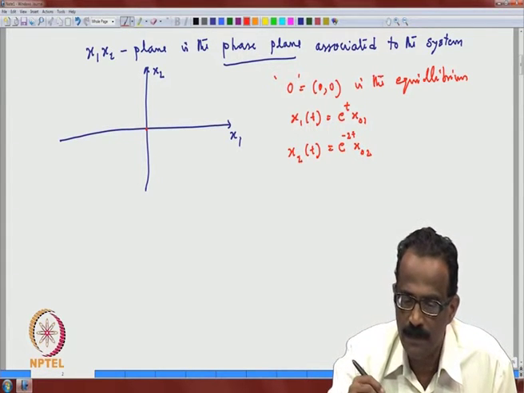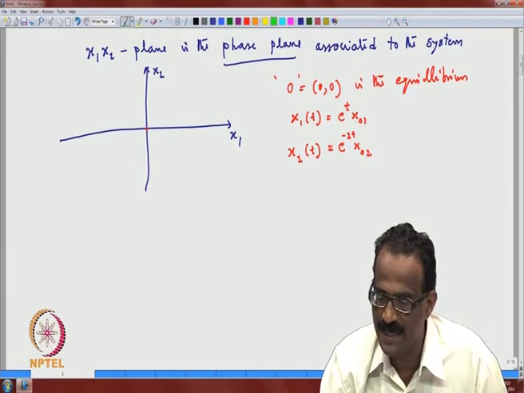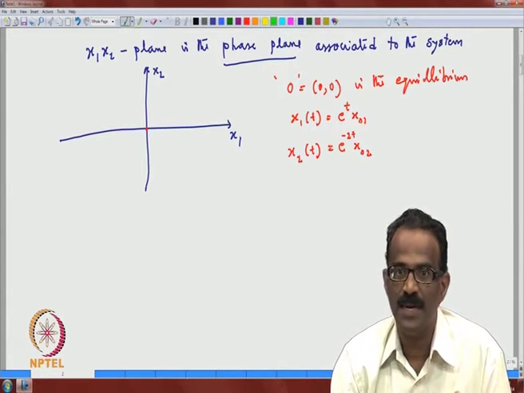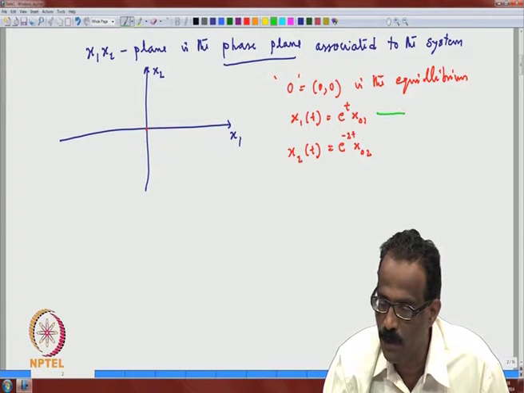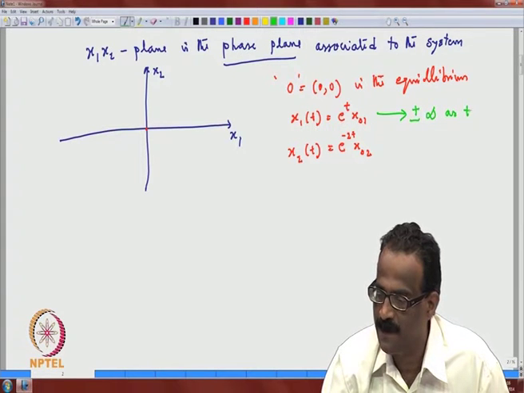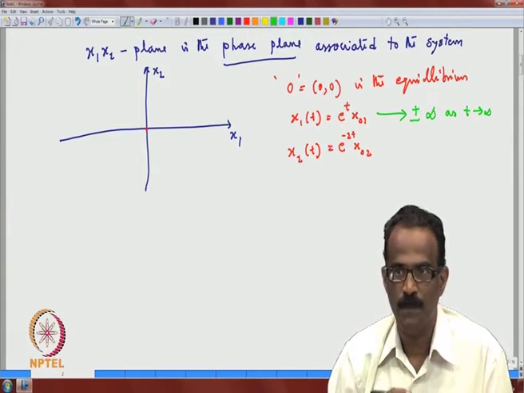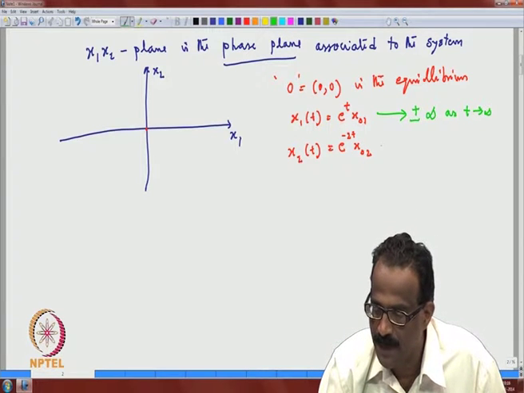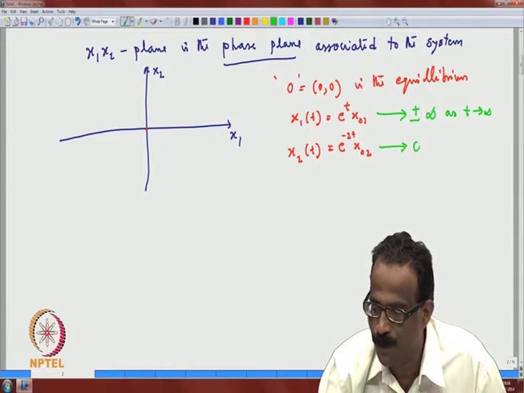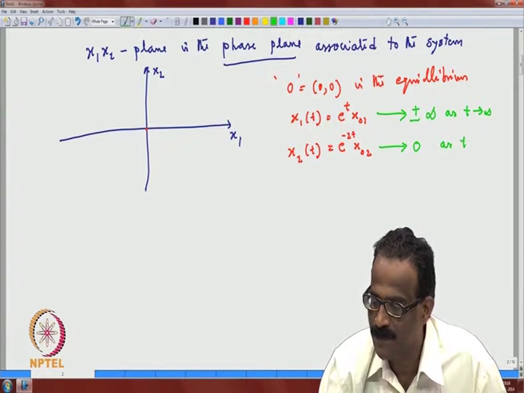If you look at it, depending on the sign of x naught 1, this will go to plus or minus infinity as t tends to infinity. On the other hand, irrespective of which coordinate it belongs to, this will go to 0 as t tends to infinity.